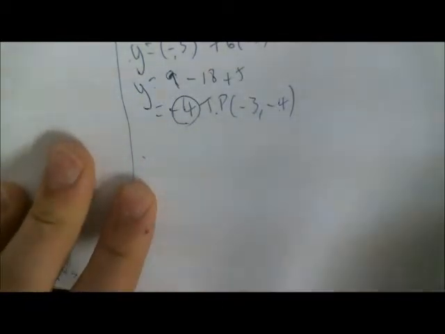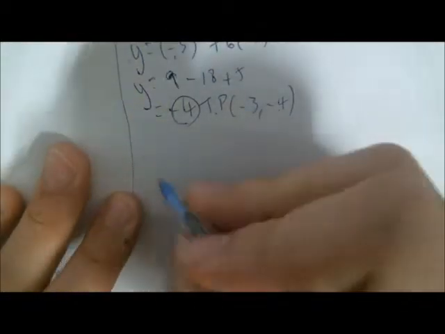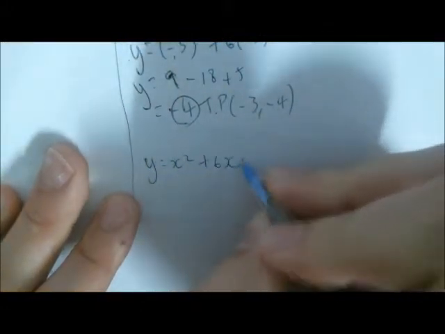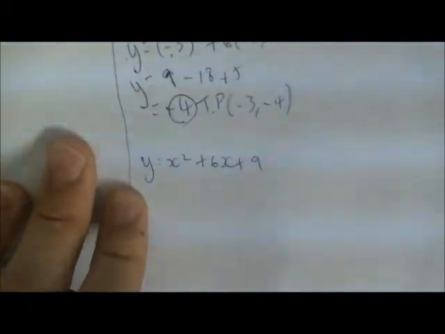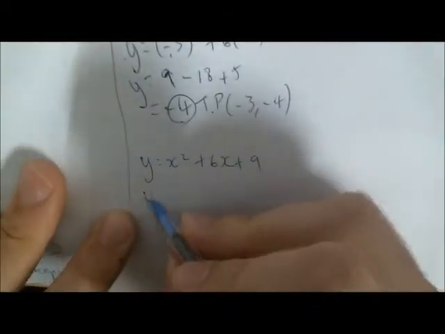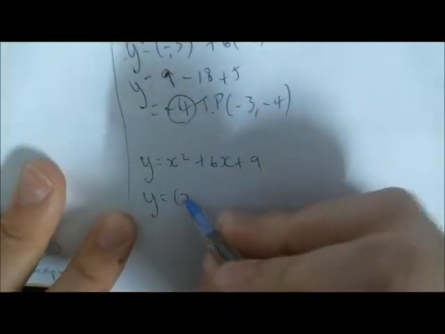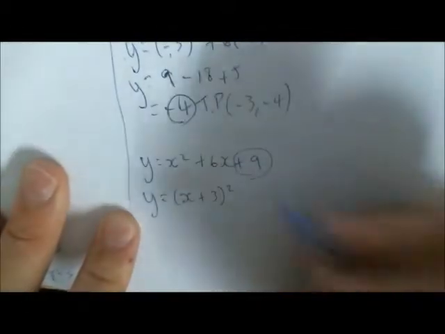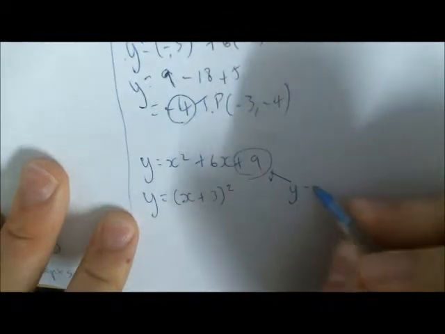Alright, I'm going to try a different one. Y equals x squared plus 6x plus 9. So this one will be factorising into (x plus 3) all squared. Obviously first we're saying this is the y-intercept.